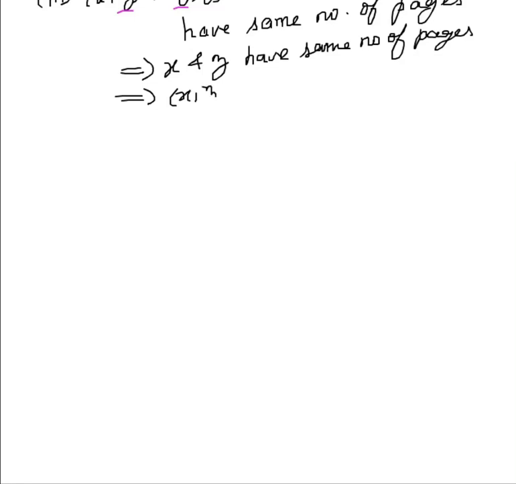Therefore, I can say that (x, z) is an element of the relation R, and it is true for the three books x, y, z taken from the set of all books A. Therefore, I conclude that R is a transitive relation.